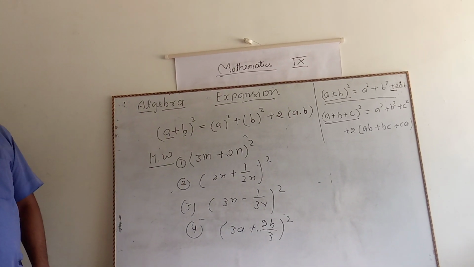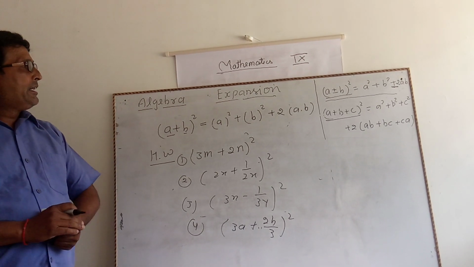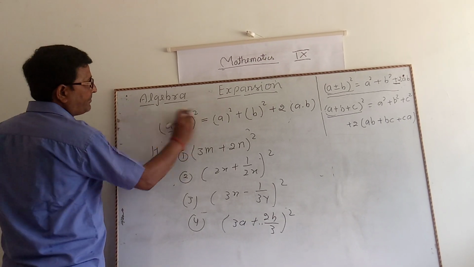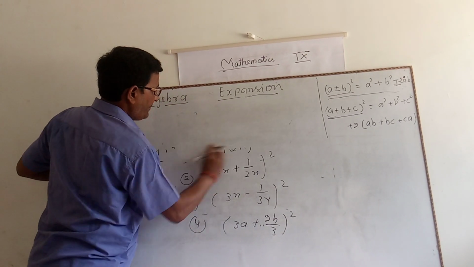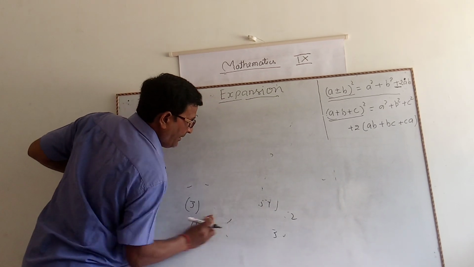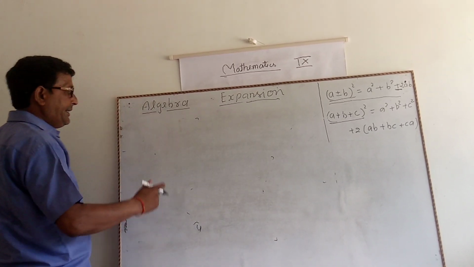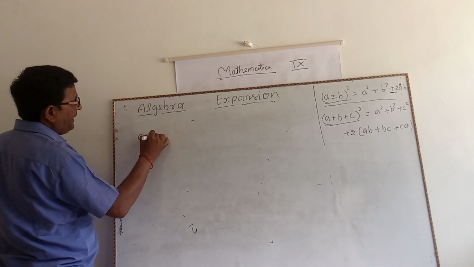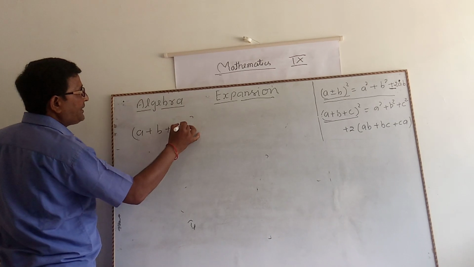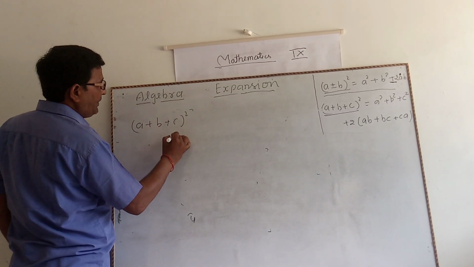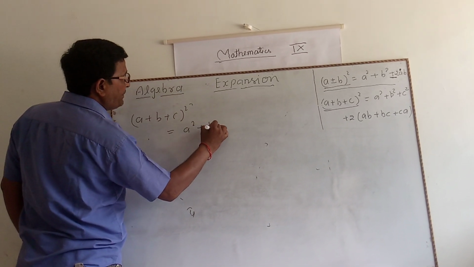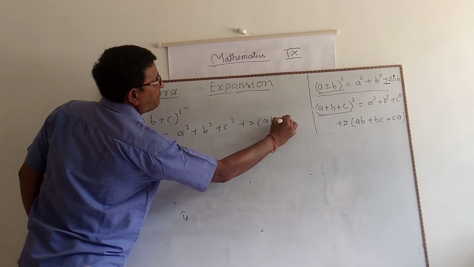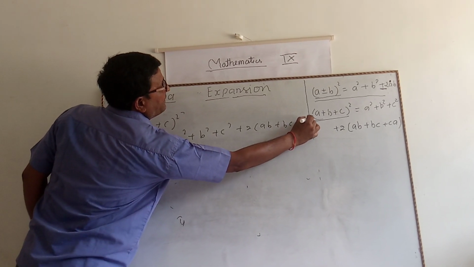Now I am going to explain the square of a trinomial. Suppose the formula I have already written: a plus b plus c whole square is equal to a square plus b square plus c square plus 2 into ab plus bc plus ca.